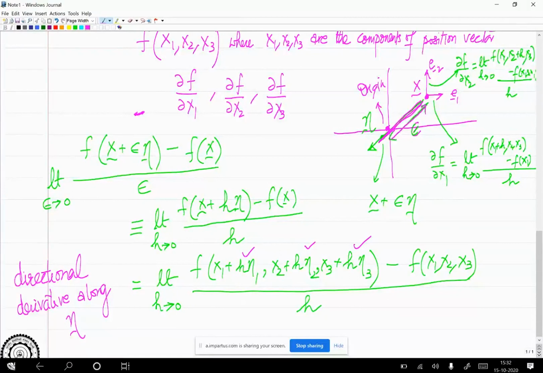Sir, I have a couple of questions. Why are you using two, instead of h eta you can write only one vector?